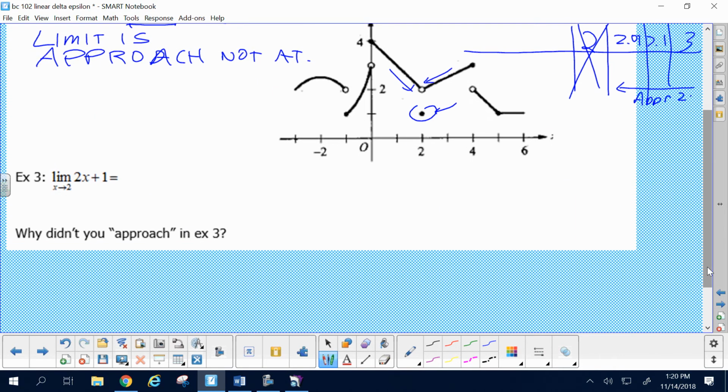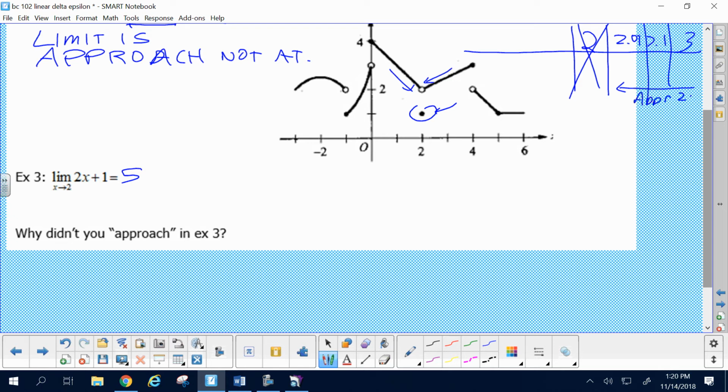That said then, example 3, what's the limit? 5. Now I assume that despite the fact I said approach, approach, approach, table, table, table, you didn't just make a table, you didn't just approach, you went straight there. I just didn't fill it out. All right, so 5.